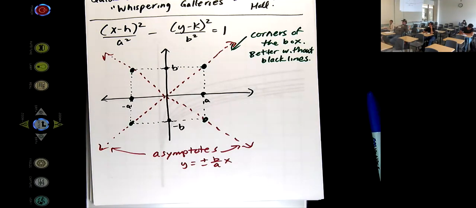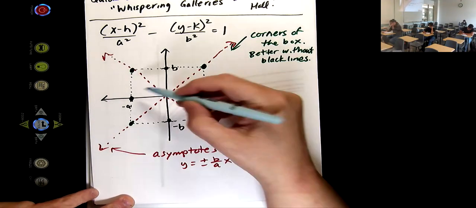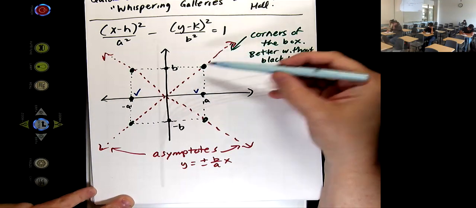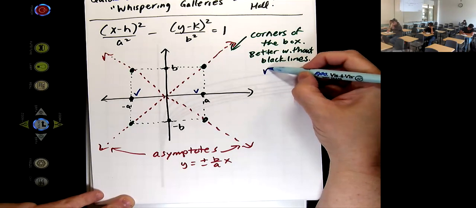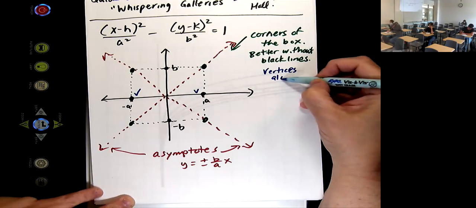Now, what you do is, once you have those asymptotes, this is a vertex and this is a vertex right there. The vertices are along the transverse axis.